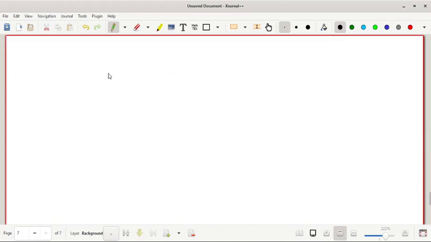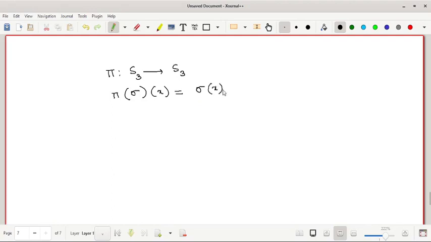You have to check the nature of the homomorphism. How will the homomorphism be defined? The homomorphism pi will be defined from S3 to S3, right? It will be pi of sigma acting on x. This will be equal to sigma of x, because sigma dot x is sigma x for every sigma in S3 and for every x in X. So I need not write it like this.